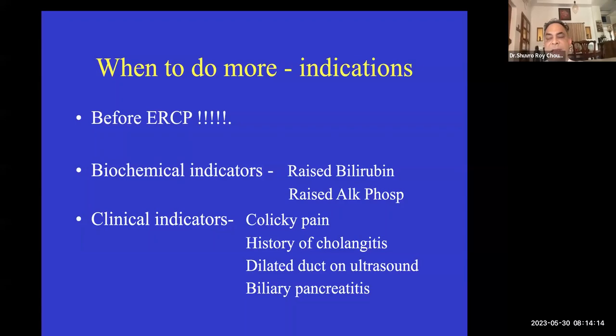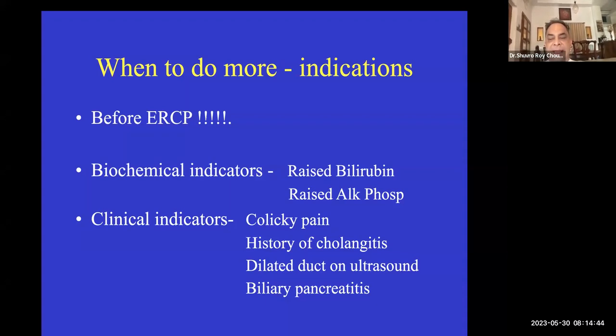But if your LFT is abnormal, if your bile duct is dilated, if there is a history of jaundice or cholangitis, what is it, Charcot's triad, right? The triad of cholangitis: fever, pain, and jaundice. If you have a dilated CBD, and how do you call a dilated CBD?